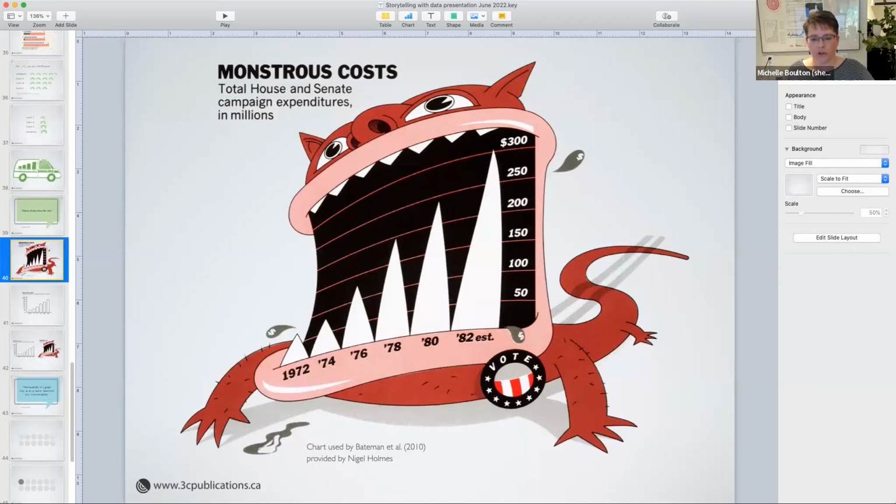And he was very visual. And of course, his communication was going out in this mass consumption publication, Time magazine. So he was trying to create something that was going to really grab attention, that was going to convey the message, but also be memorable. And so he was really well known for this type of chart. He did a lot of them.